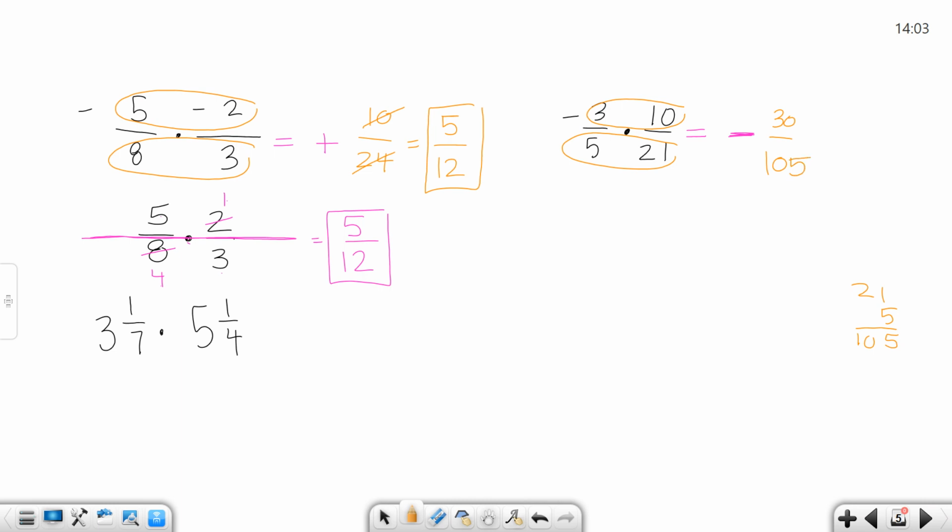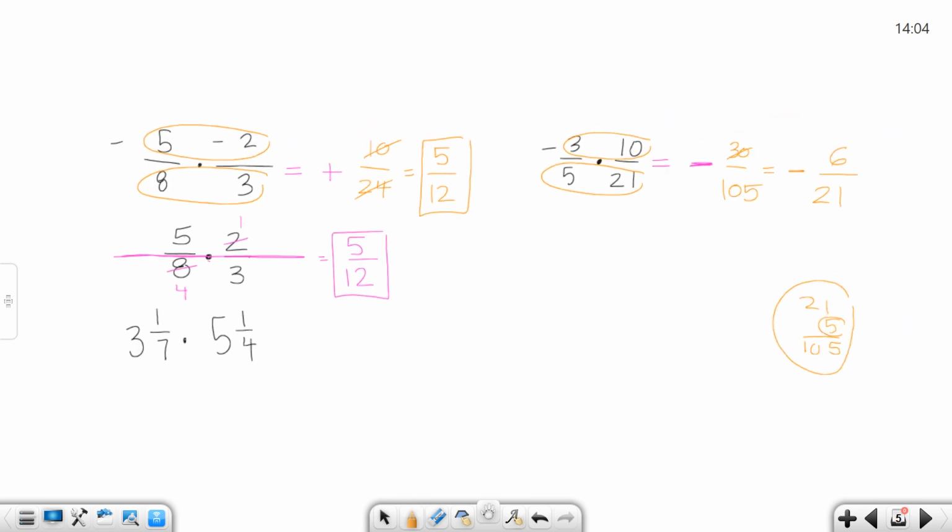Now from my divisibility rules back from before the midterm, I know that both of these are divisible by 5. So I can reduce the top one, I'm going to keep my negative. I can reduce the top one by 5, and I get 6. And I can reduce the bottom one by 5, and I get 21. And I knew that 105 went to 5 by using this that we just did.